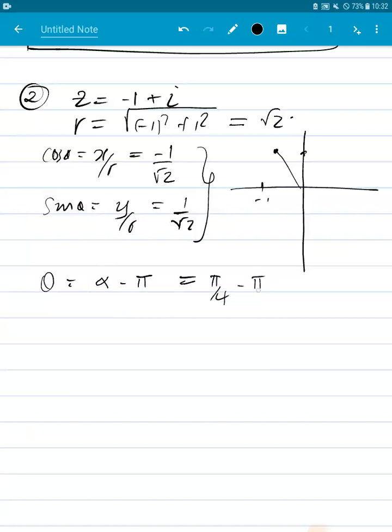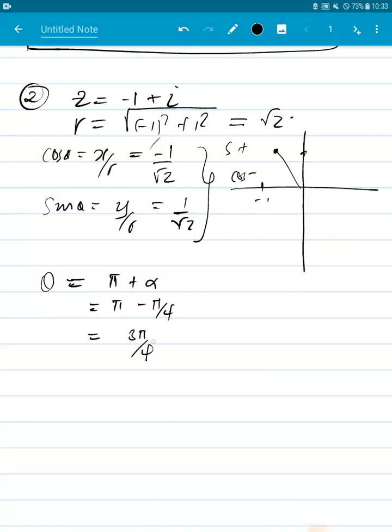We can do this just the same: pi plus this one. Now the angle is minus, right? Because there's a negative there. Because when we look at here, sine is positive, cos is negative. So that will be 3 pi over 4. That's our angle.